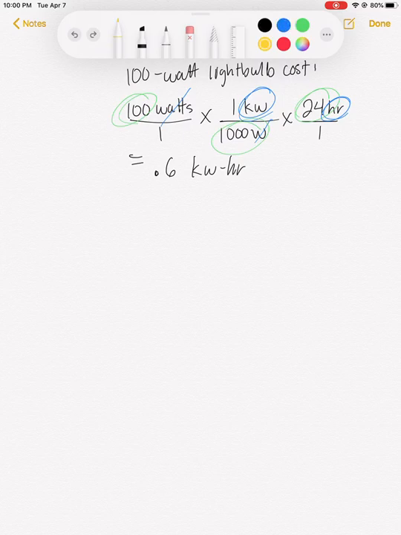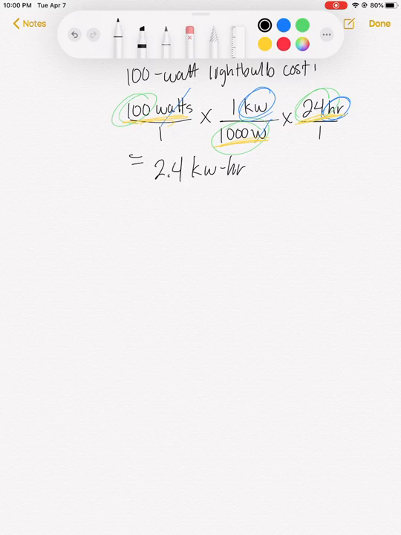We have our 100 watts times our 24 hours, divided by our 1,000 watts, and that doesn't equal 0.6, it actually equals 2.4. So I messed up on that one. It's 2.4 kilowatt hours.